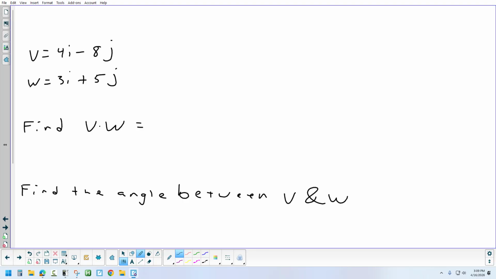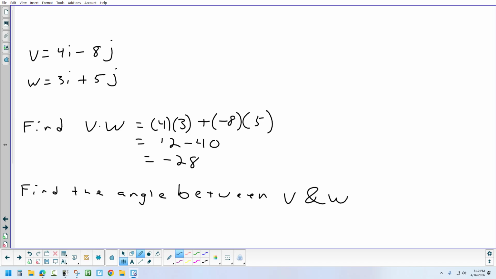Savannah, what's the dot product here? 4 times 3, plus negative 8 times 5. So it's going to give us 12 minus 40, and that's negative 28. Okay, so we've got the dot product.